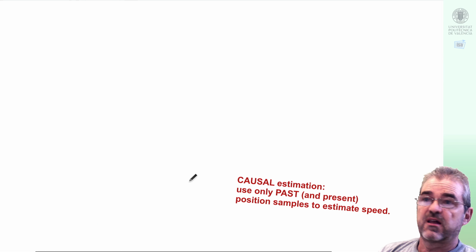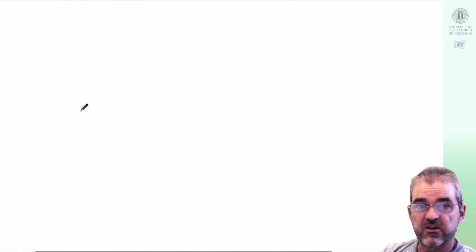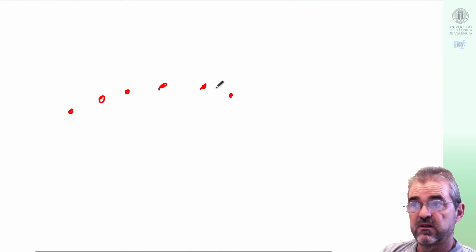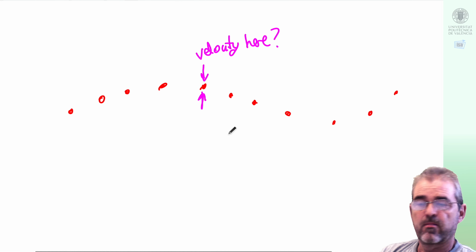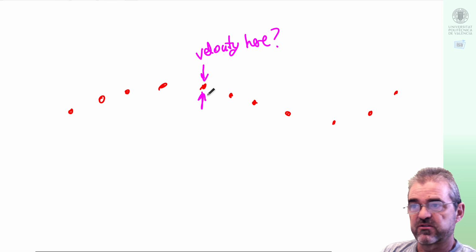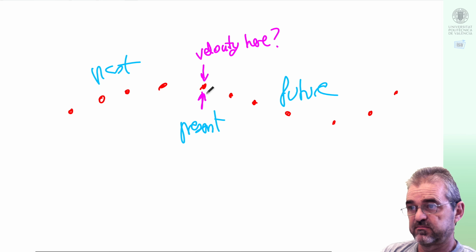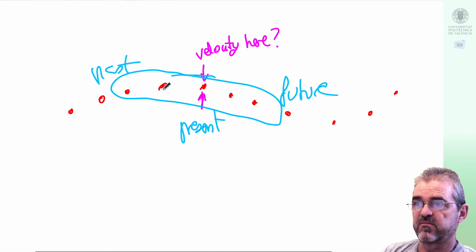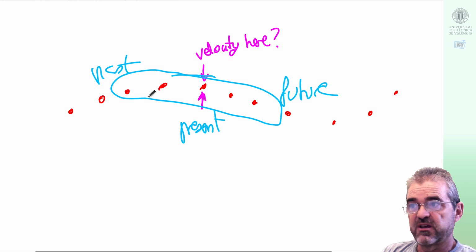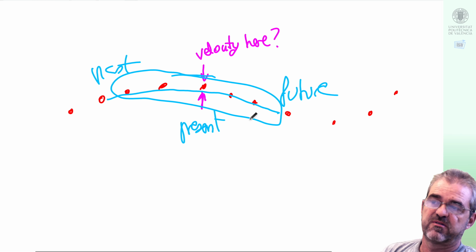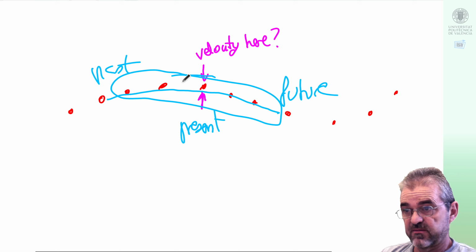But we have an alternative interpretation of velocity estimation, saying that, for instance, if I have a whole record of position samples to estimate velocity at a given time point, I can use finite difference or whatever with past, present and future samples. So indeed, if I do some kind of polynomial interpolation or whatever in these samples, then I would get a more accurate estimate.